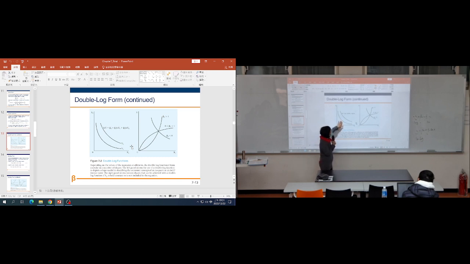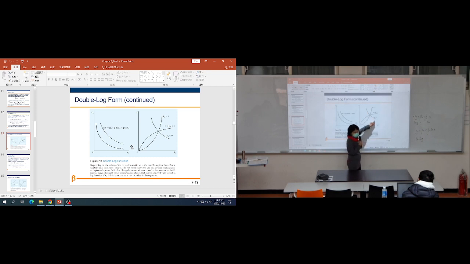Or look at this one. Look at beta 1 less than 0. I think I can take an example. If y is the demand quantity and x is the price, the demand curve is like this.